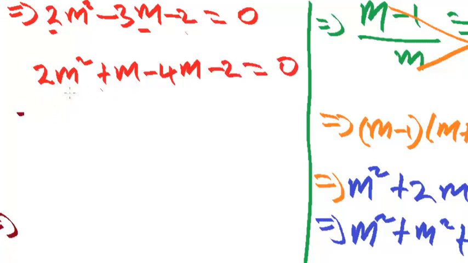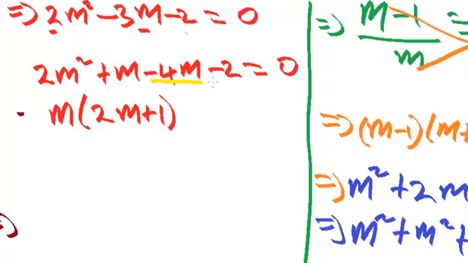So I can factor out this side. There is m common, so m will be outside, then 2m in the bracket, then plus 1. Then at this side there will be 2 common. So I'm going to now factor negative 2 out, and I'll have 2m left at this place, then plus 1.